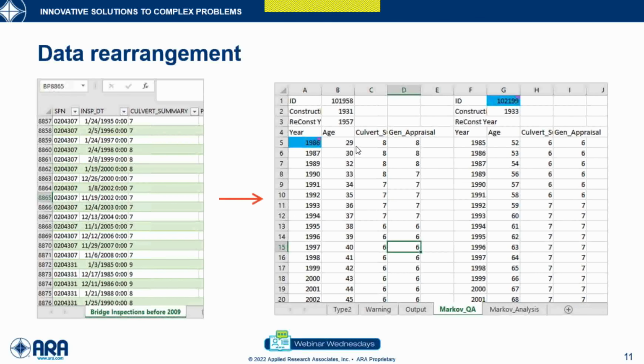Obviously, reconstruction means a somewhat new system may be placed in the same location, however, it's a new structure, so we've dealt with it that way. We focused on the culvert summary data, which is a summary condition index. The same concepts can apply to any condition index of interest, but that was the interest for this study specifically. All the processes were done using a simple Visual Basic code in Excel to facilitate the process.